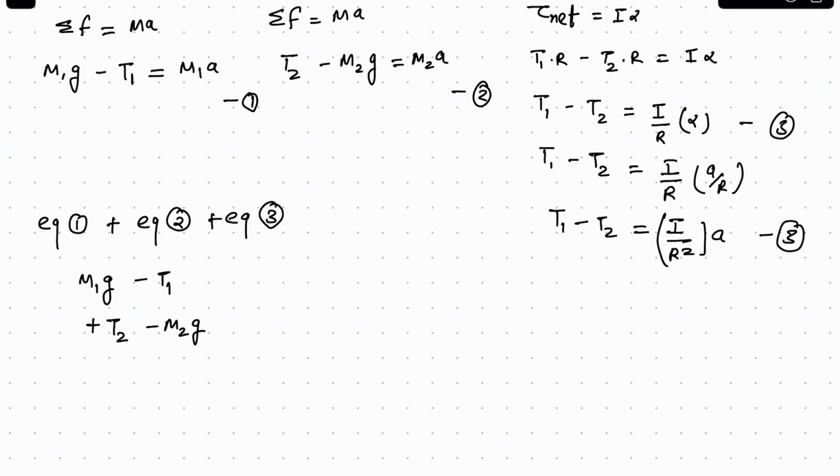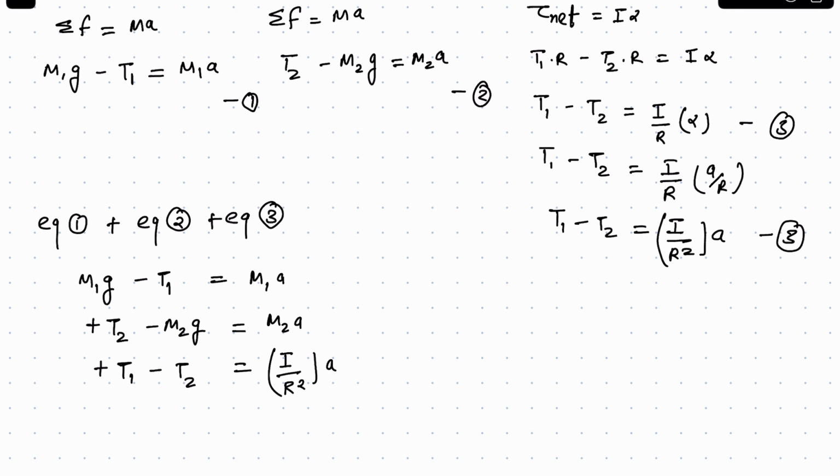Then the third equation is plus T1 minus T2. This is the total sum of the left hand sides, and on the right hand side we have M1A, then M2A, and then I by R square multiplied by A.